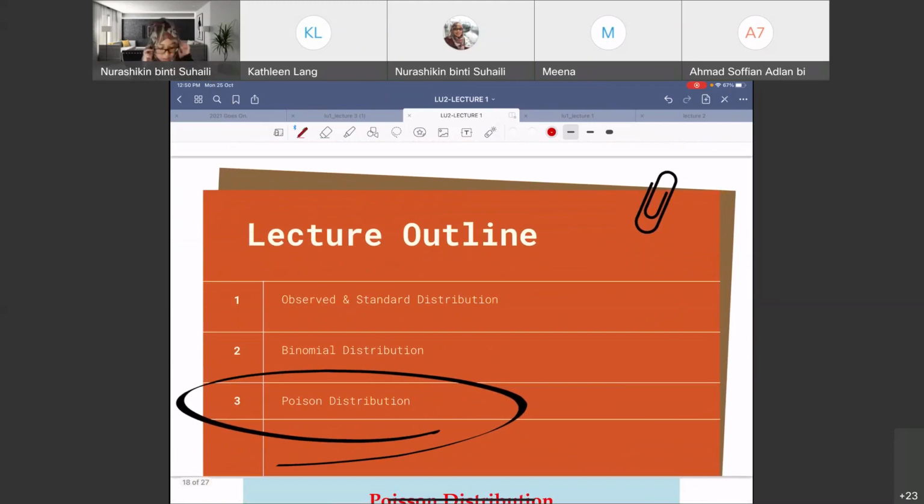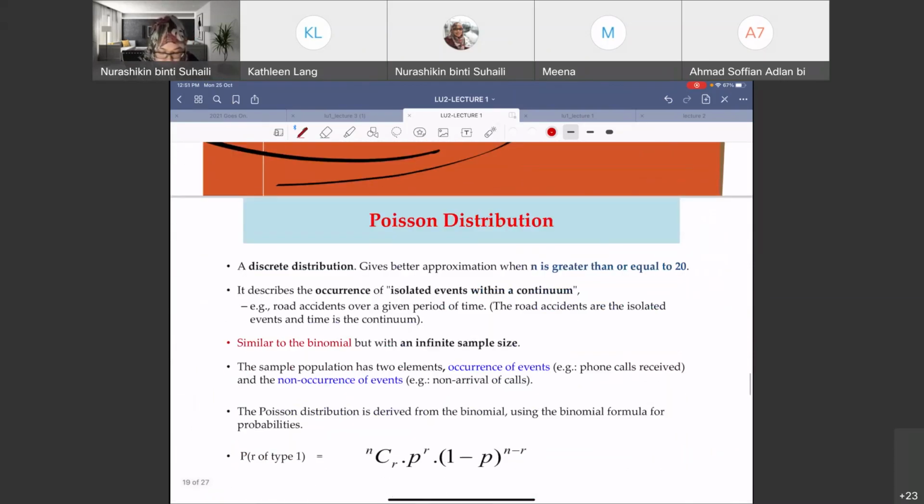No? Okay, I just go directly because I want to make it shorter. Then the second distribution is Poisson distribution. So what's the difference between binomial and Poisson? It's actually the same, but Poisson is just an extension of binomial. Whenever n is greater than or equal to 20, we use Poisson.